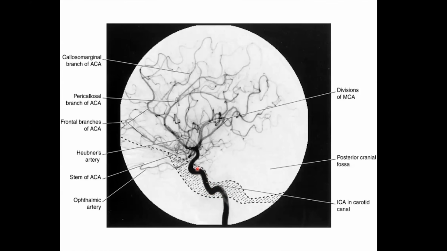We have our cavernous segment, and we're entering the dura, giving off the ophthalmic artery, coming up, and then dividing into the ACA medially and the MCA laterally.